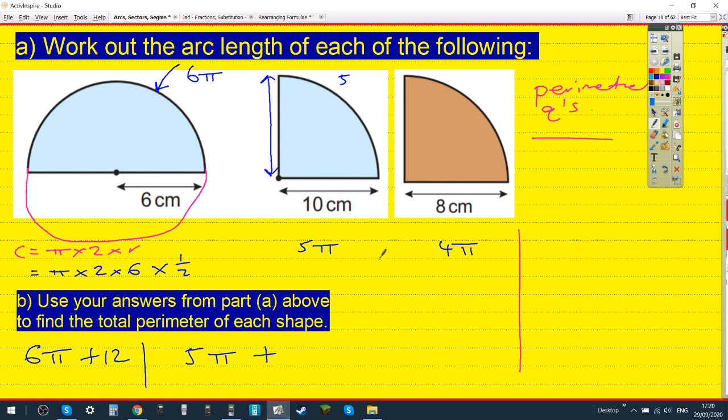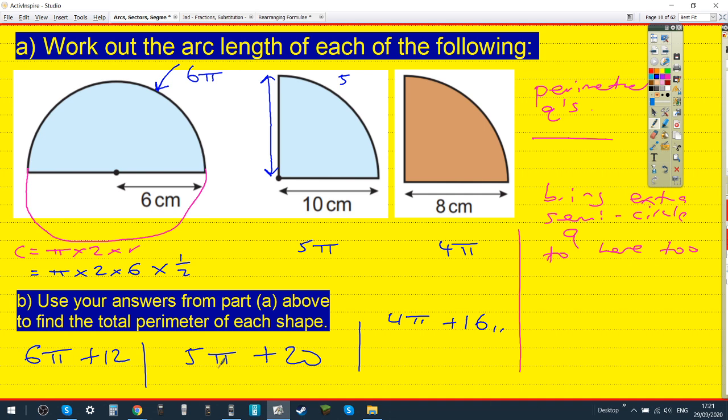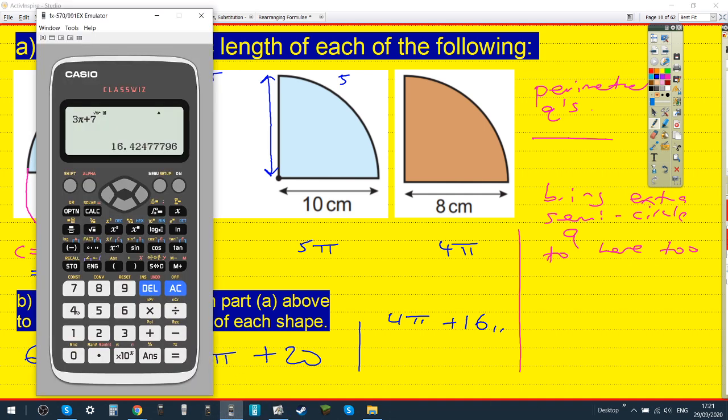Oh, so plus 20. Yeah. And last one. 4 pi plus 16. Well done. Yeah, and so perimeters add up all the sides. 4 pi plus 16. And if they wanted it to one decimal place, you would just put into your calculator 4 pi plus 16. And you could say it's 28.6 or whatever.